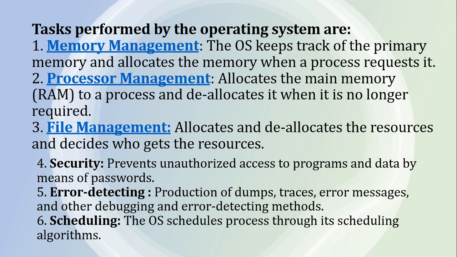Processor management: when we execute any program, space on the RAM is allocated, and when we stop it, it is deallocated. File management allocates and deallocates resources and decides who gets the resource.